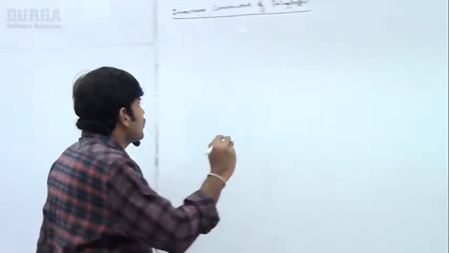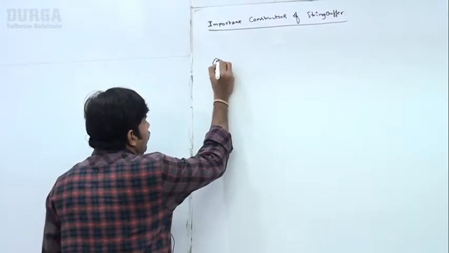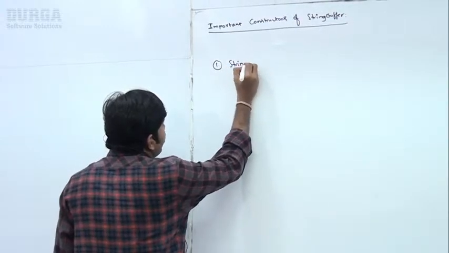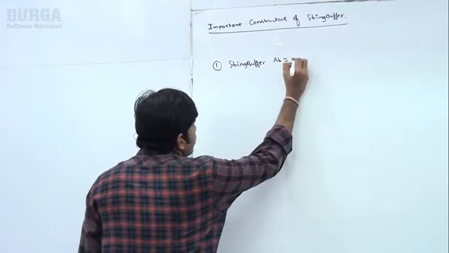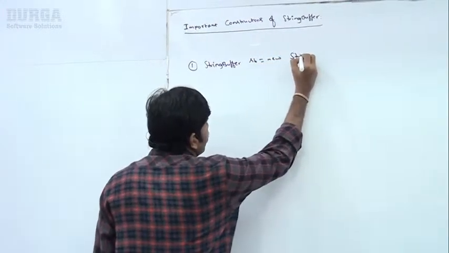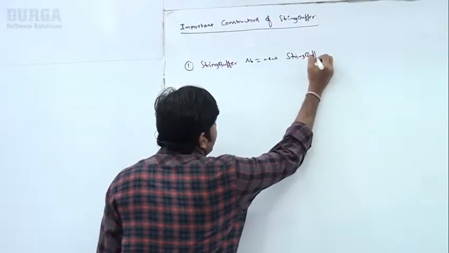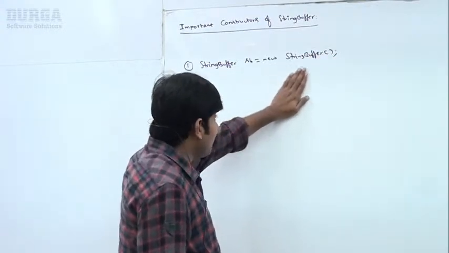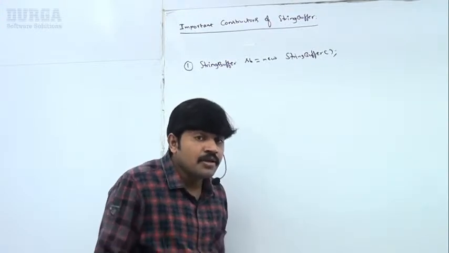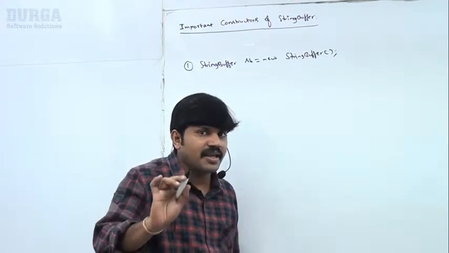First constructor, observe carefully: StringBuffer sb = new StringBuffer(). We are creating an empty StringBuffer object, but what is the default initial capacity?